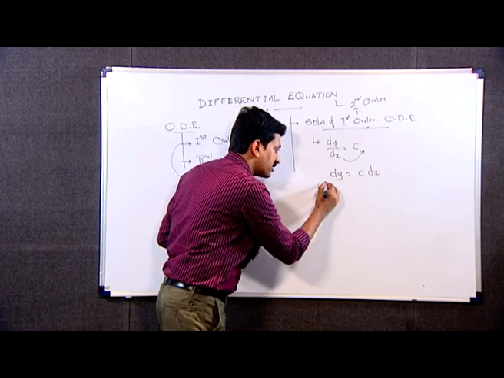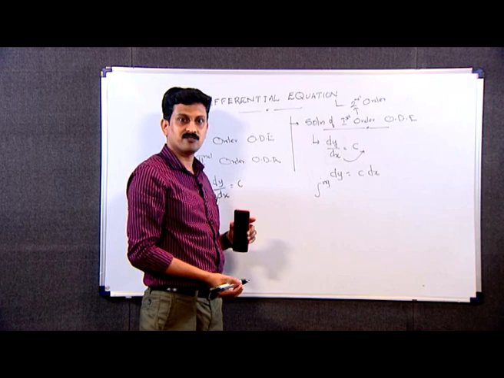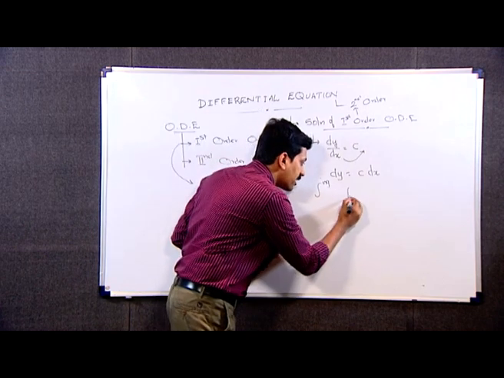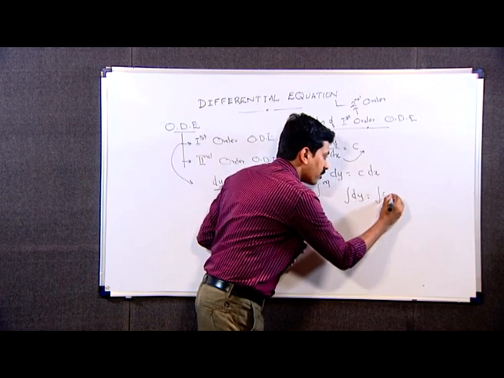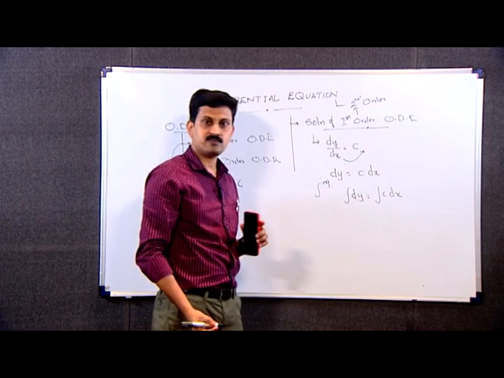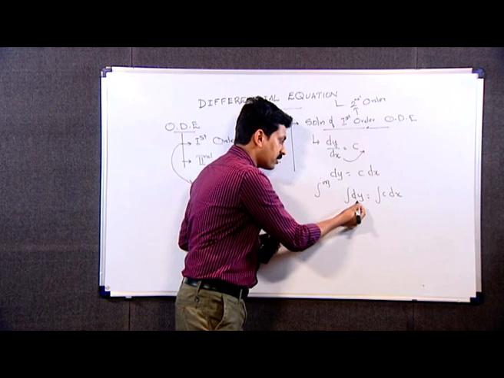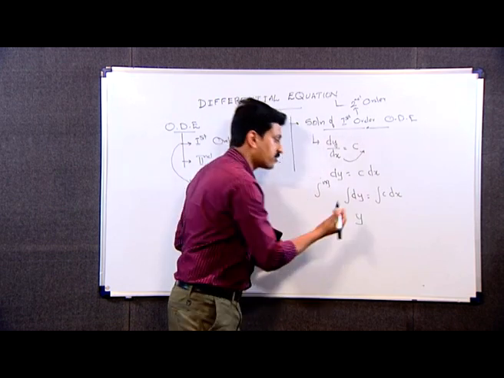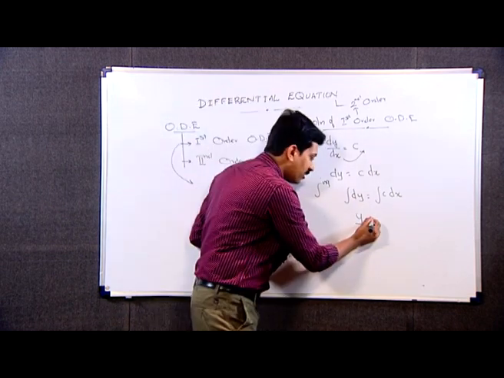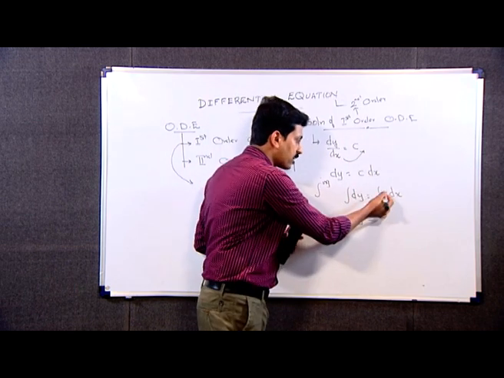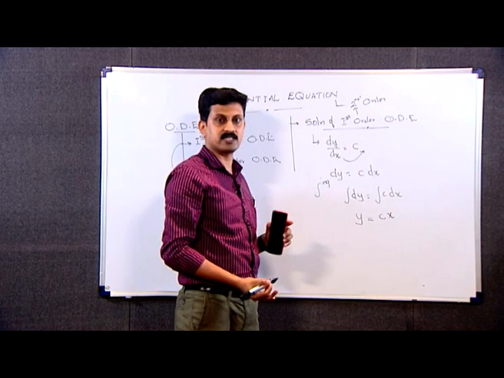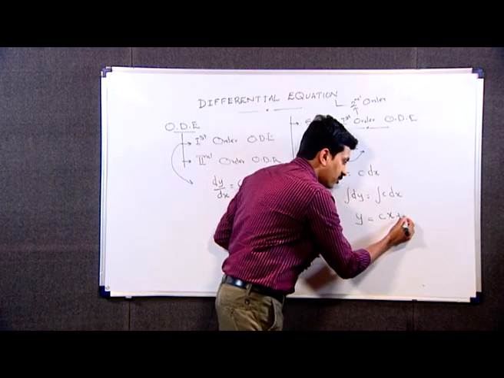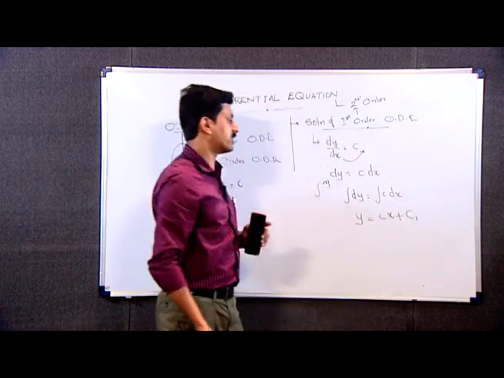Integrating both sides, the integral of dy is equal to the integral of c dx. The integral of dy is y, and the integral of c dx, where c is a constant, is cx plus a constant of integration. I would like to write it as c1.